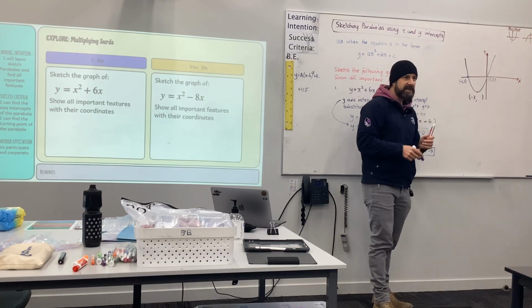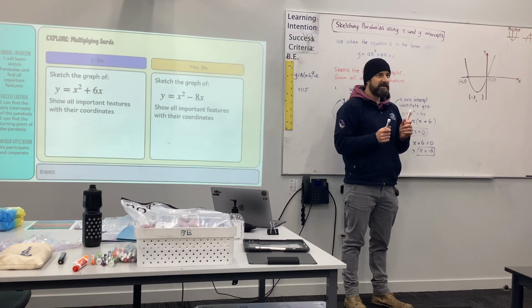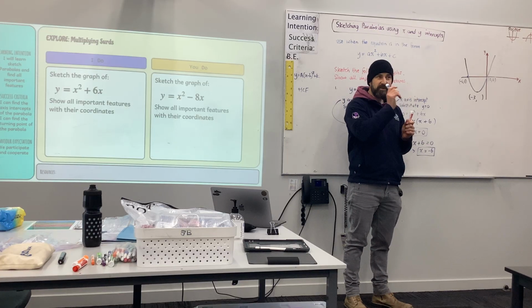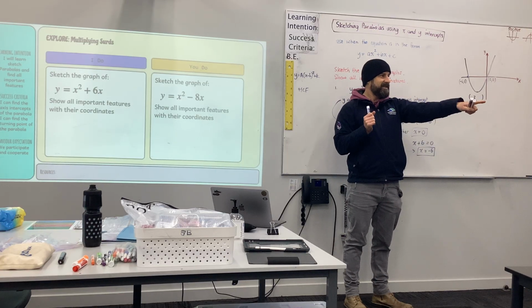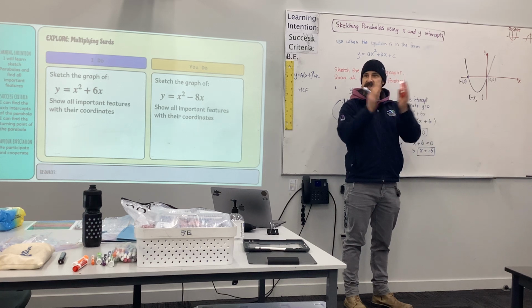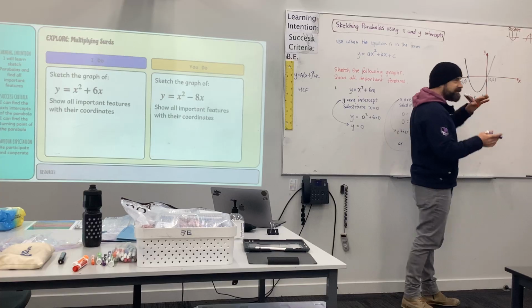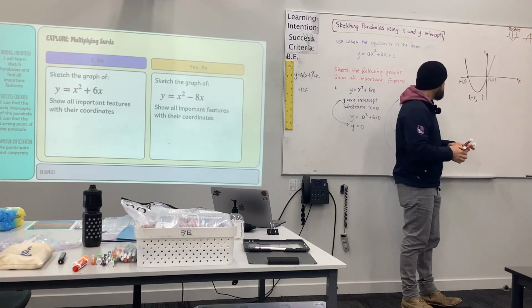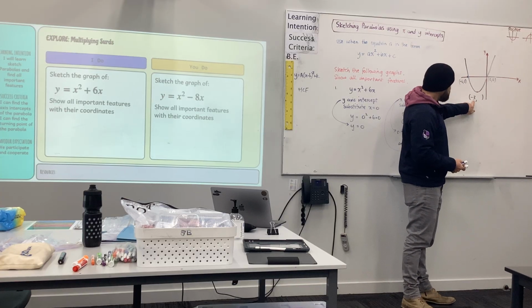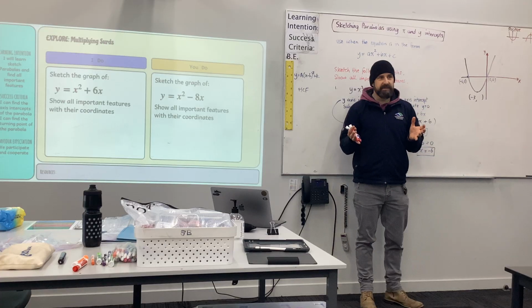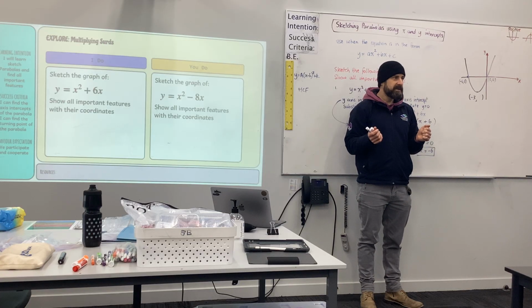You're still 100% correct. Parallel is not the word I'm looking for. It's symmetrical. My graph will always be symmetrical either side of the axis of symmetry. So this has to be -3. All I did was find the midpoint between those two x-axis intercepts.